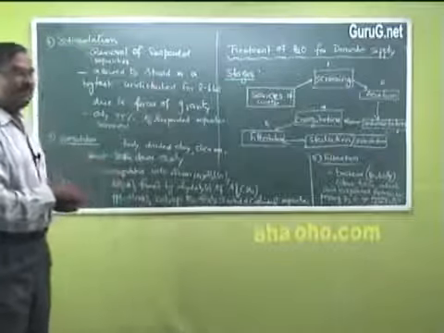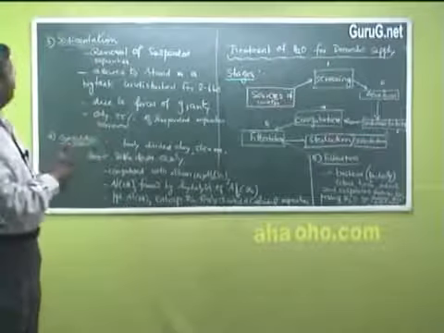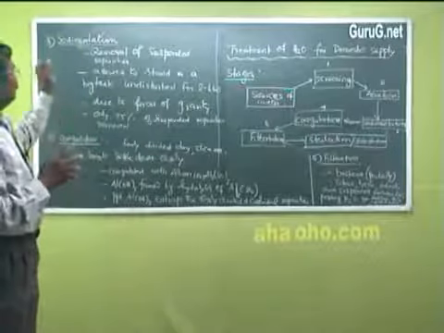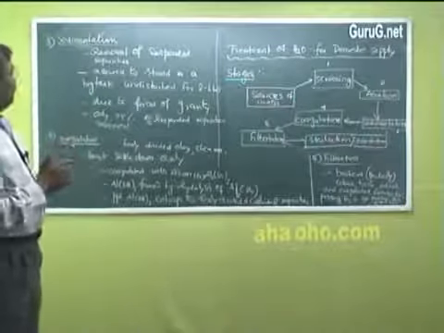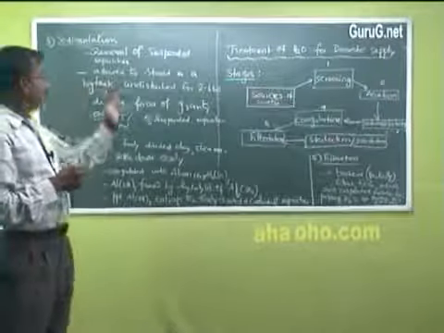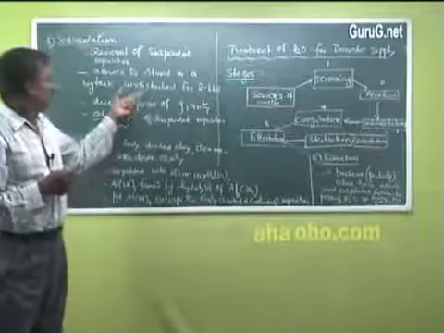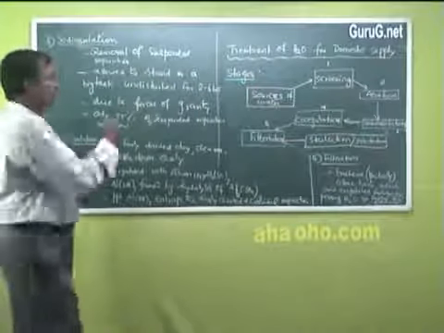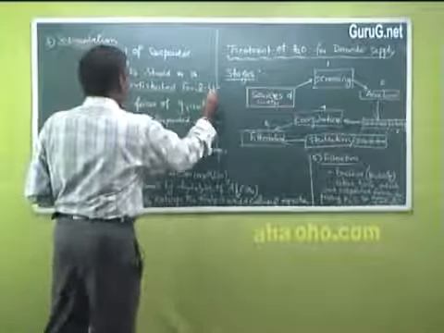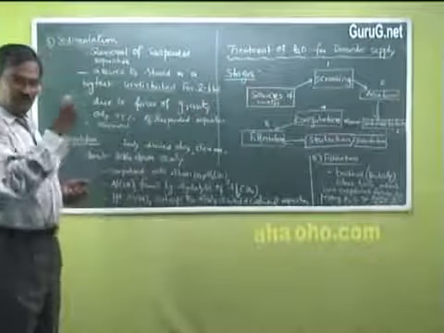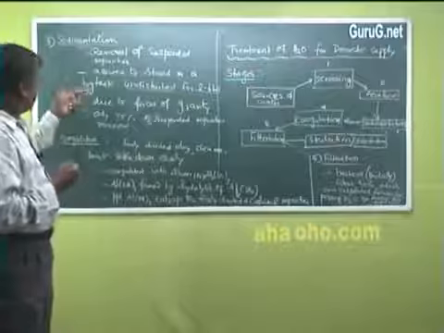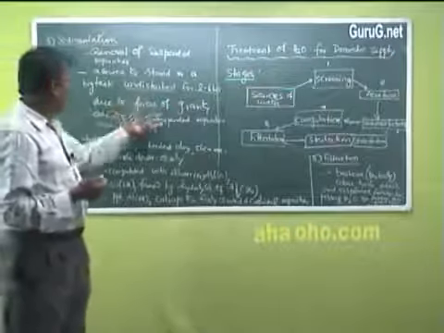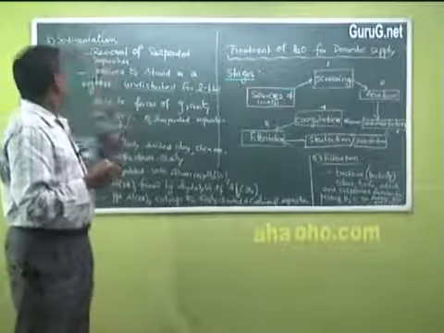No mechanical means, no chemicals are added here. So the removal of suspended impurities by allowing the water to stand in a big tank undisturbed, which is more important, for 2 to 6 hours, so that the particles settle down due to the force of gravity, is called sedimentation.